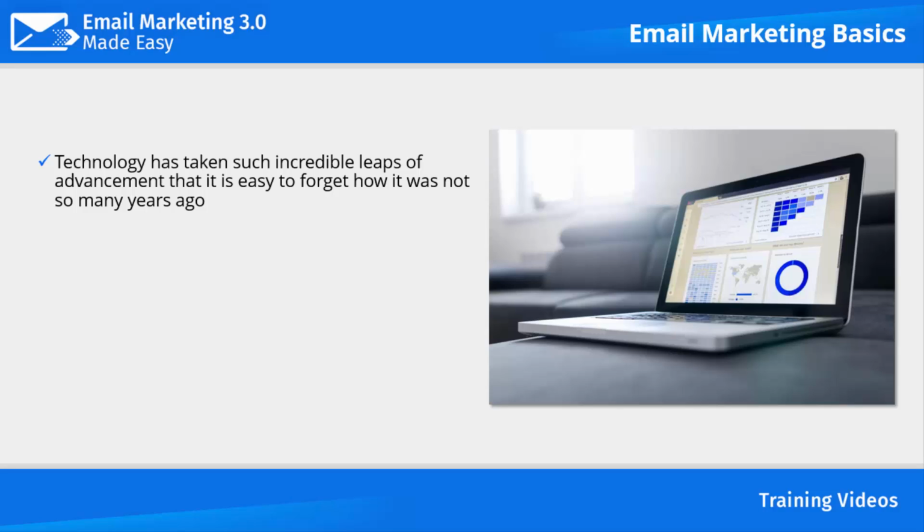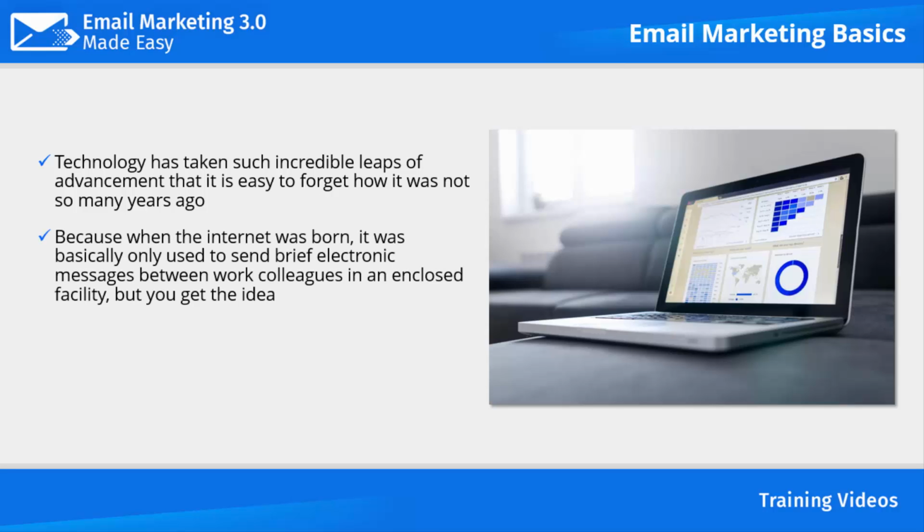Technology has taken such incredible leaps of advancements that it is easy to forget how it was not so many years ago. Even with the advent of smartphones, laptops, and wireless internet, we all tend to forget that the internet was designed to give us a different means of communication. Because when the internet was born, it was basically only used to send brief electronic messages between work colleagues in an enclosed facility.